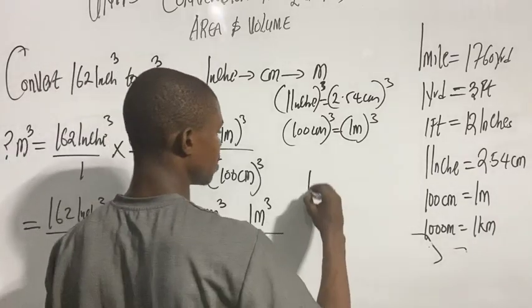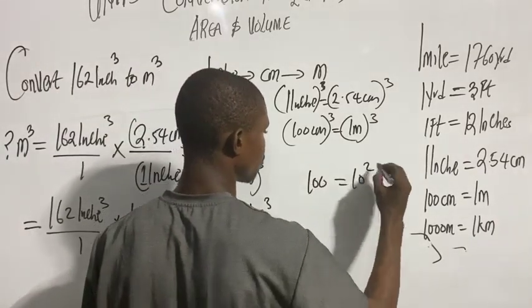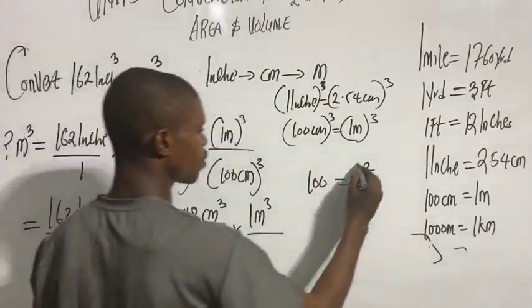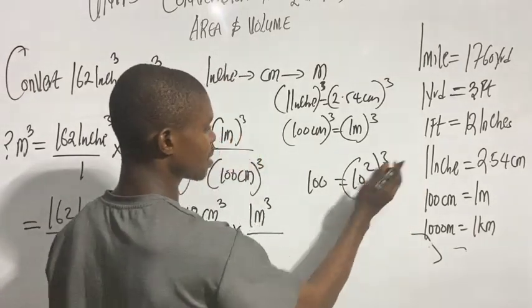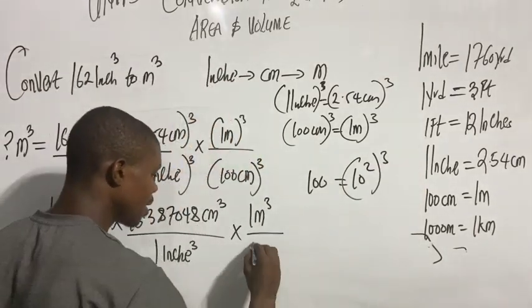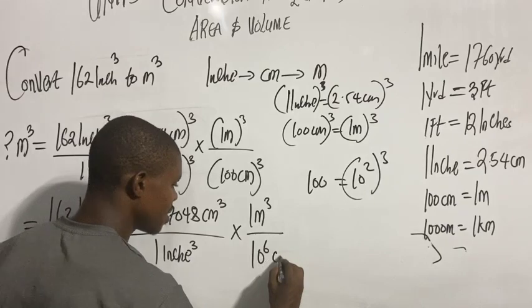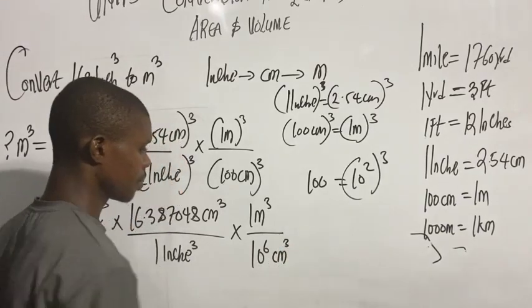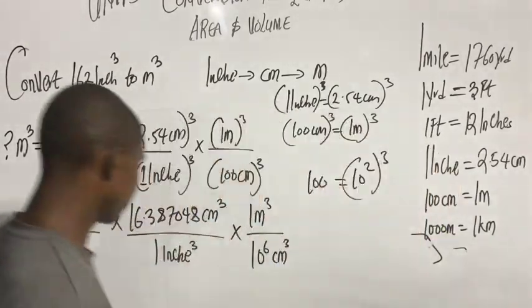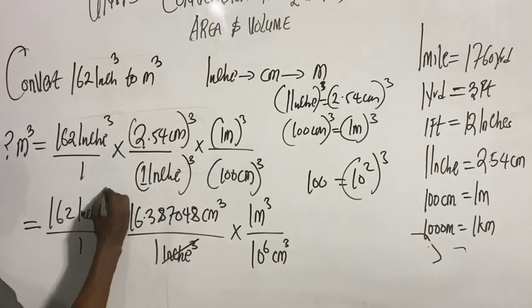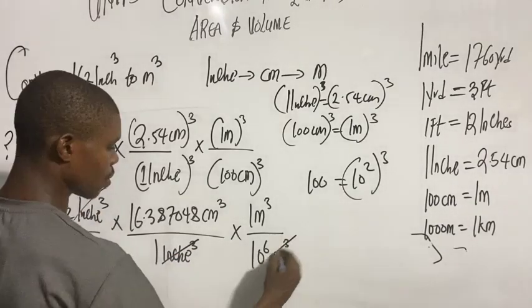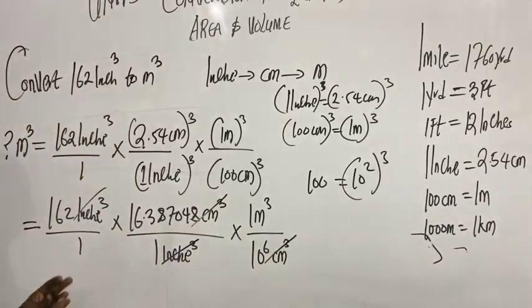Remember, 100 is also the same as 10 raised to 2, right? So if I cube this one, 2 times 3 is going to be 6. So it's going to be 10 raised to 6 centimeter cube. So this will cancel out this, right? And this will cancel out this one here. So I can now wipe the board.